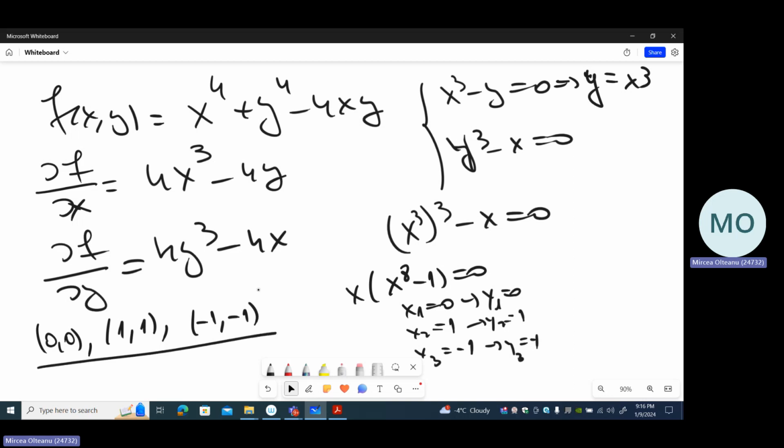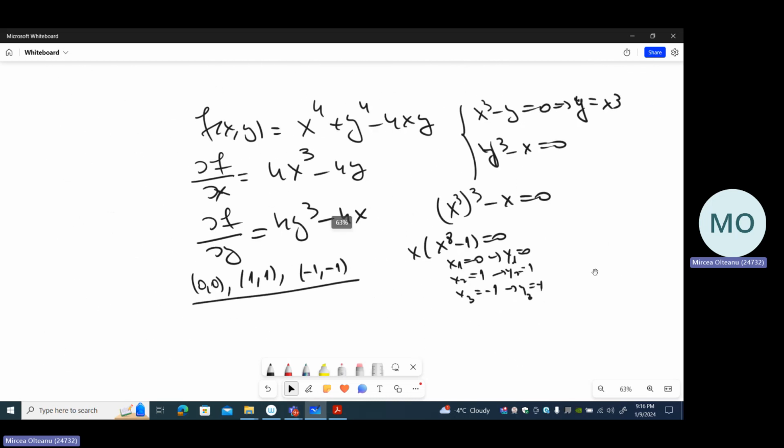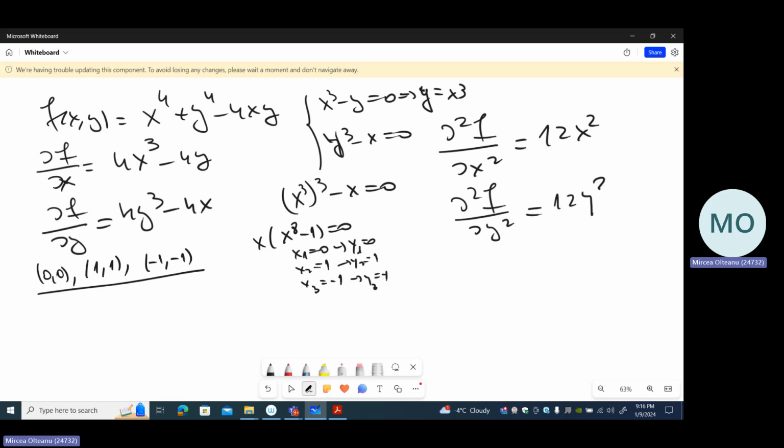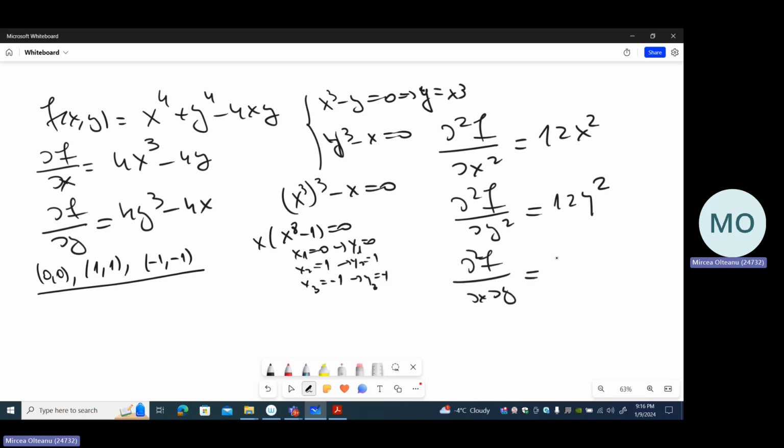And now we shall decide the nature of each of these critical points. For that, we need to compute the second order partial derivatives: 12x squared, with respect to y it will be 12y squared, and the mixed second order partial derivative will be minus 4.